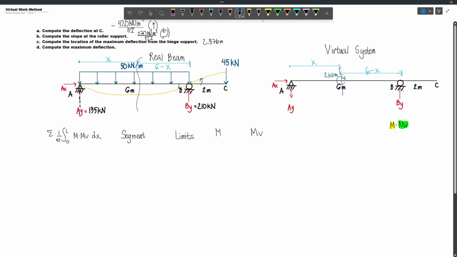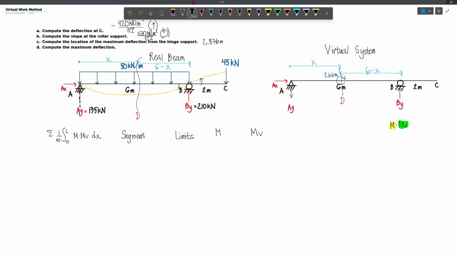And so what we will essentially do is we will sum up these integrals for the slope, and then we will set the slope to 0 so that we can solve for x at which the deflection will be maximum. Now, since our segment will already become 3 parts, we will have 3 segments. And so, let's just label the point of maximum deflection as D, this one, and also this one.